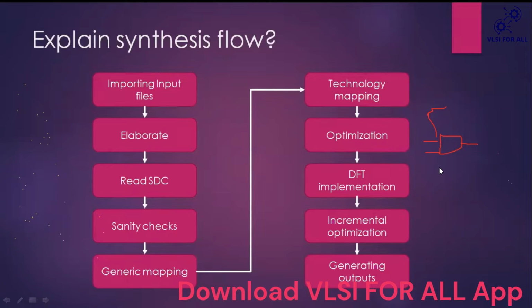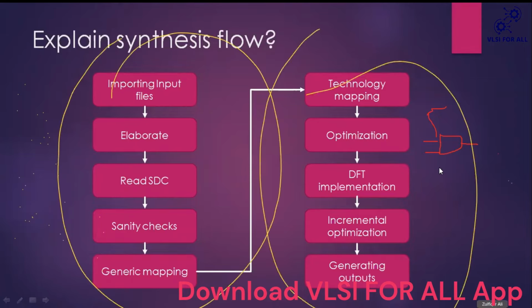Or else there is a power target. As per customer requirements, the designers will set some power target also, saying this design should consume this much power only. Like that, they will give some targets.